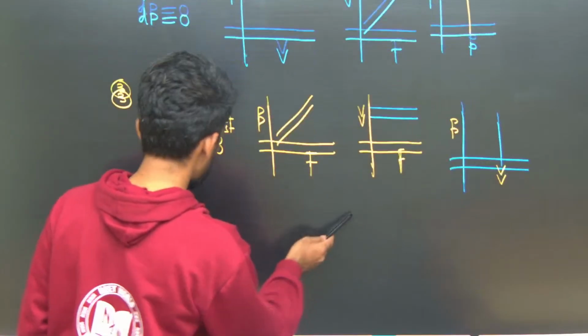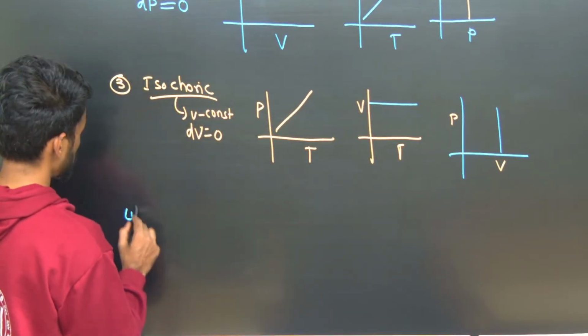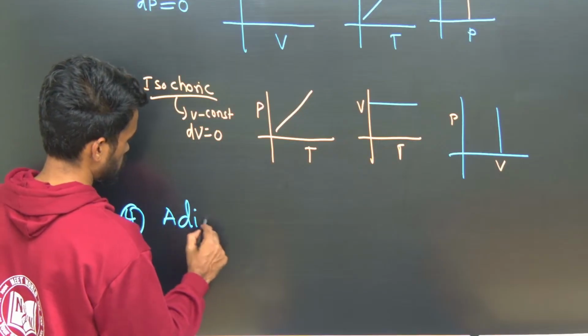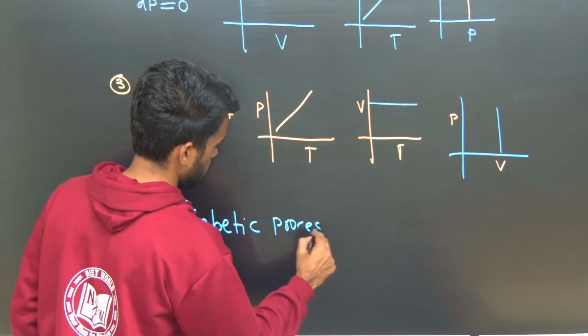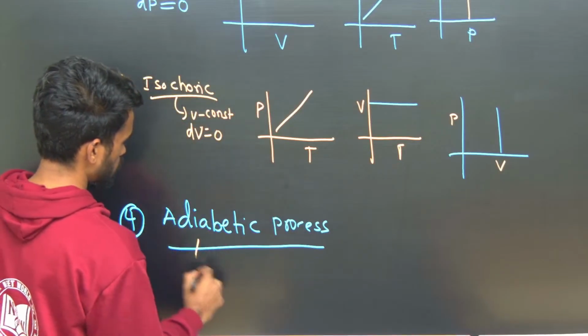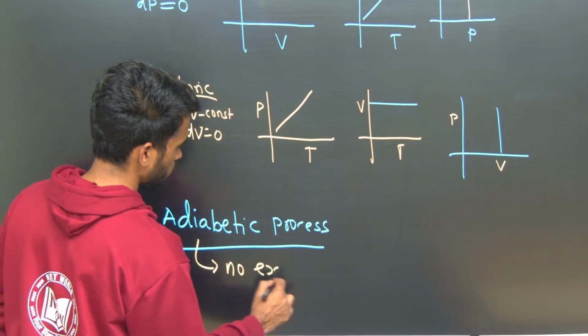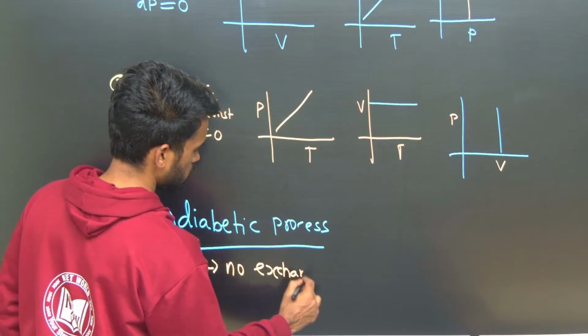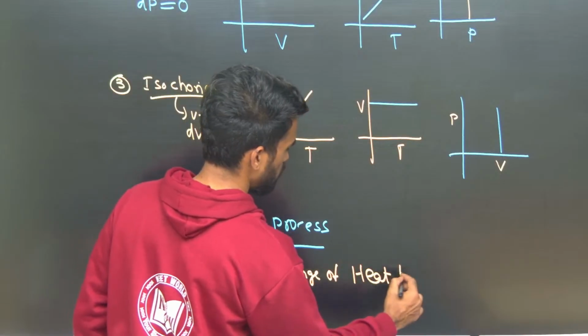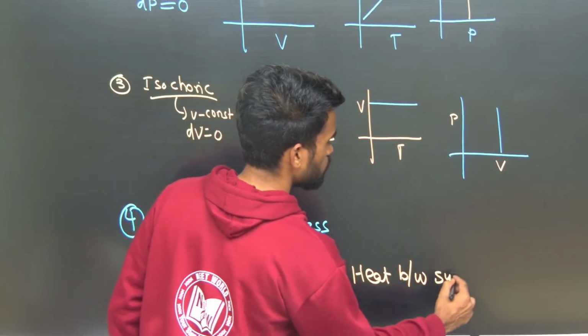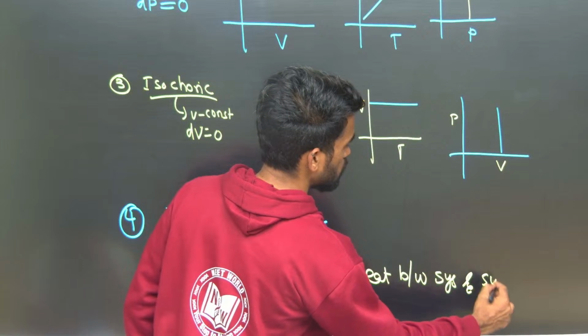So the next process we have is the fourth one, adiabatic process. Here there is no exchange of heat between system and surroundings.